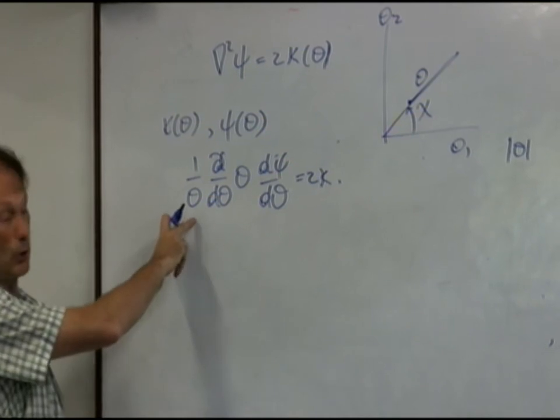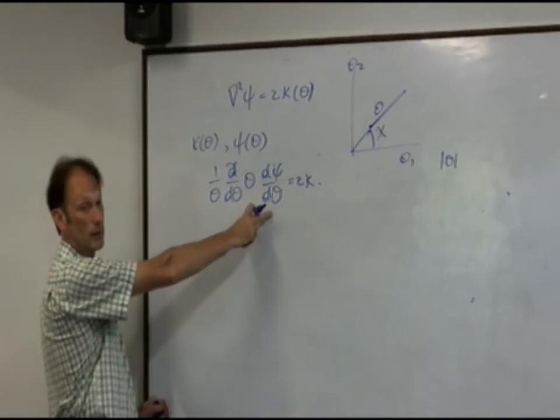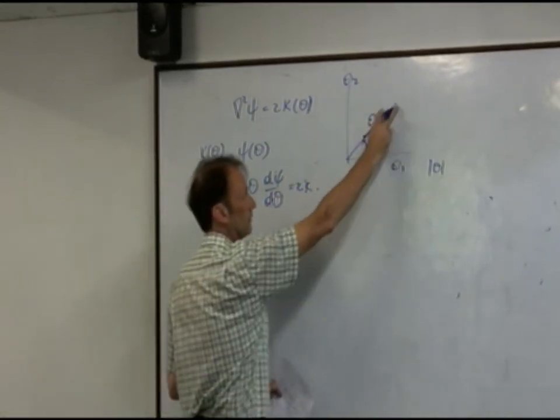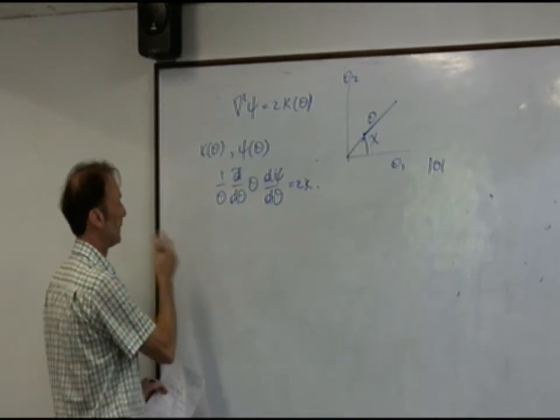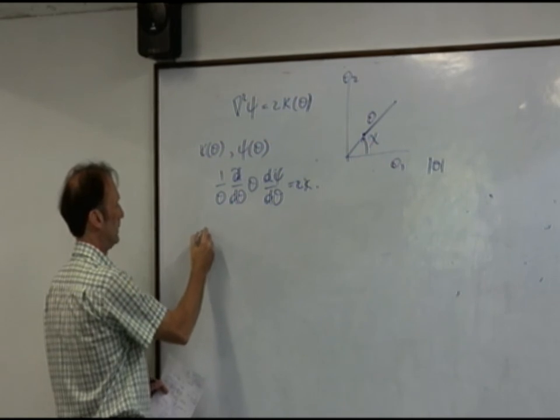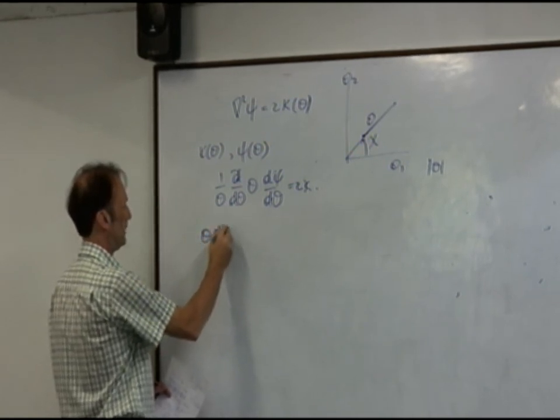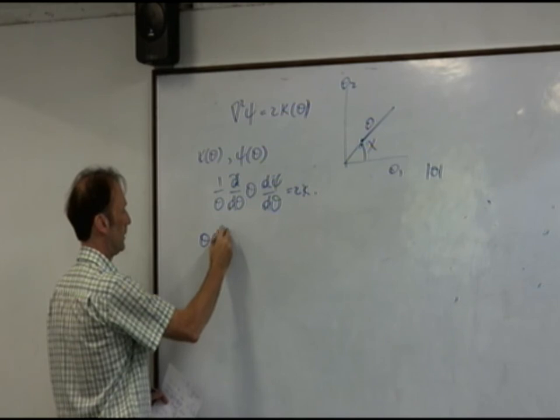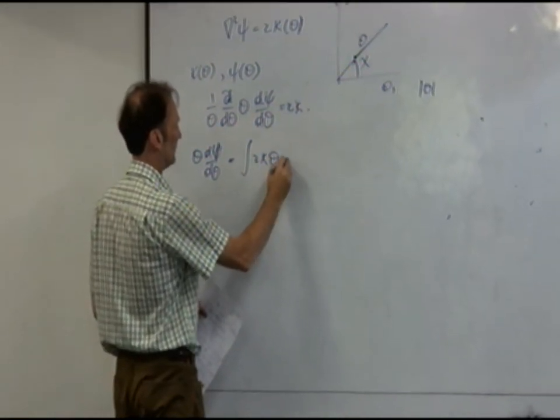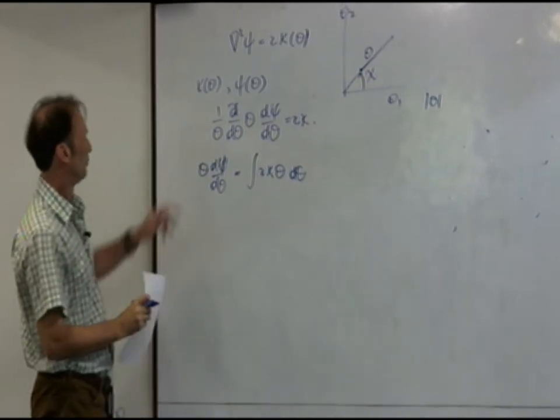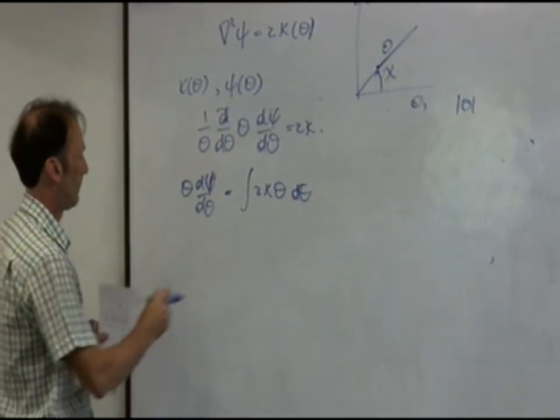So this is what you would know as 1 over r d by dr of r d by dr, except now the radial coordinate is theta. And we can integrate this up and get theta d phi by d theta, moving over here and integrating.